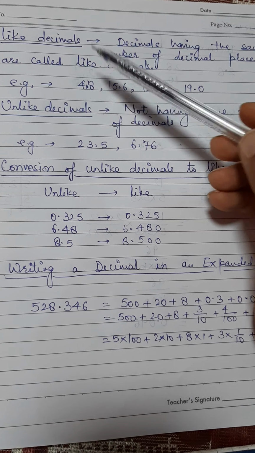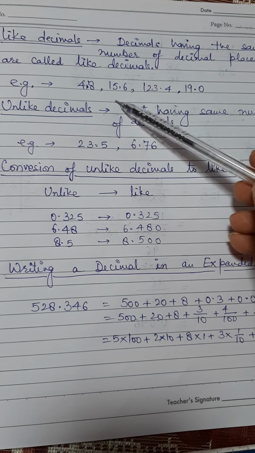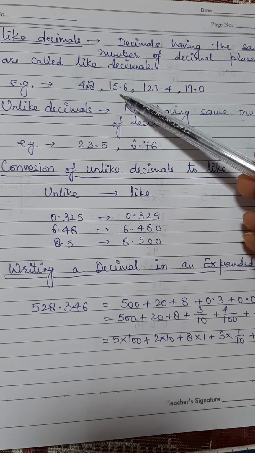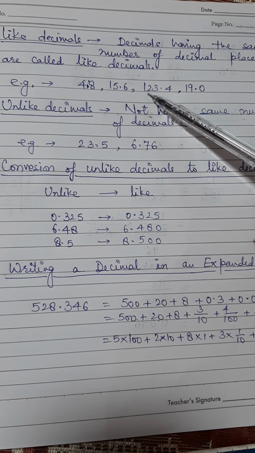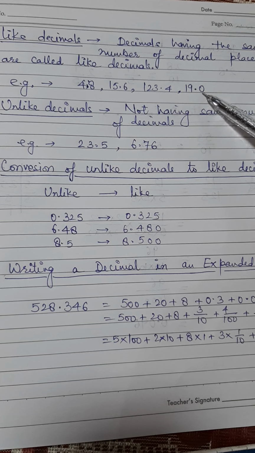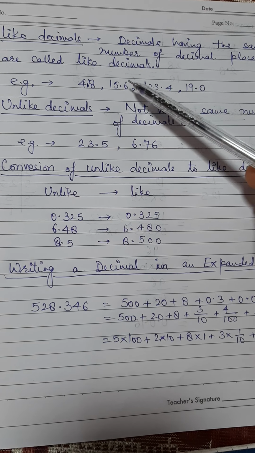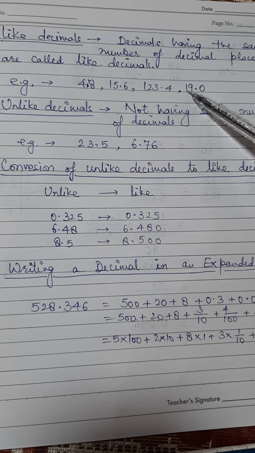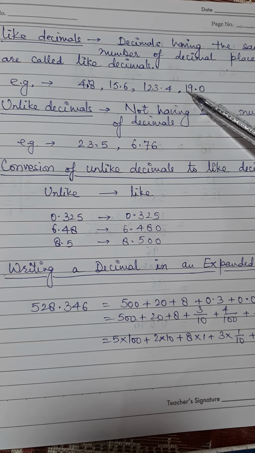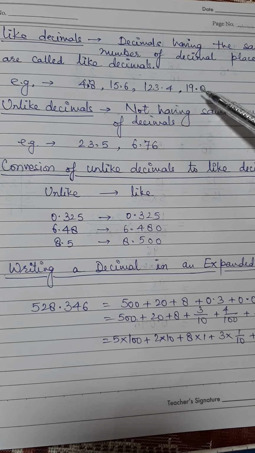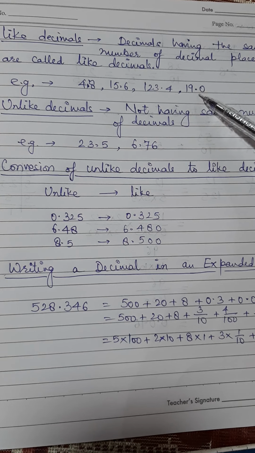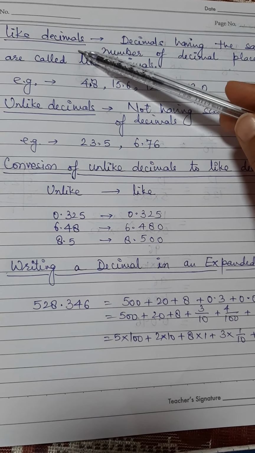Here you can see I have taken four numbers: 4.8, 15.6, 123.4 and 19.0. Right? In all the numbers after the decimal we have only one digit. So they have the same decimal places. Right? So these are called like decimals.